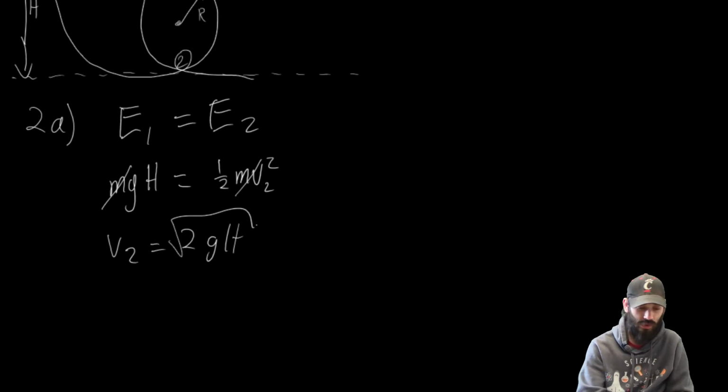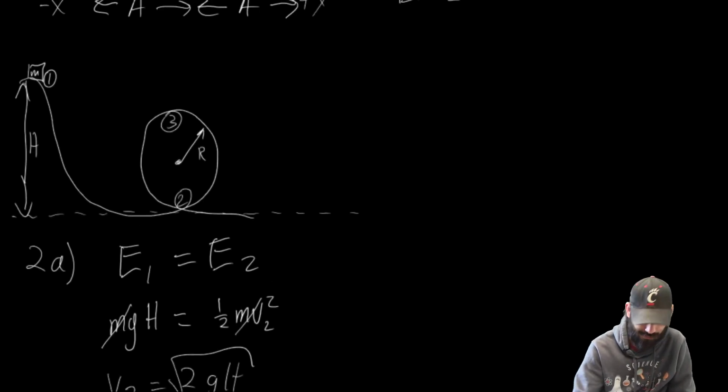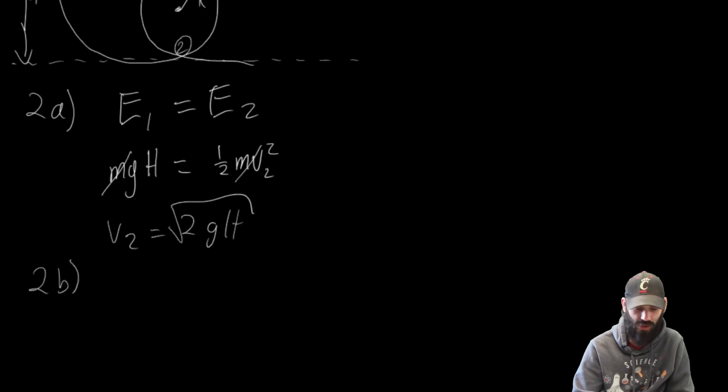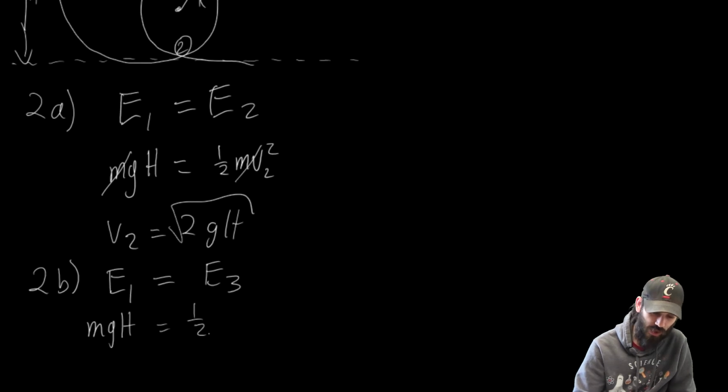Okay. Next part, 2b. We want to find what the velocity is at point 3. So in order to find the velocity at point 3, same idea. We say that the energy E1 is going to be equal to the energy E3. And so this is going to be mgh, equal to 1/2 mv3 squared, right?